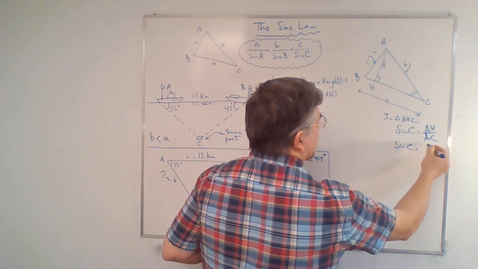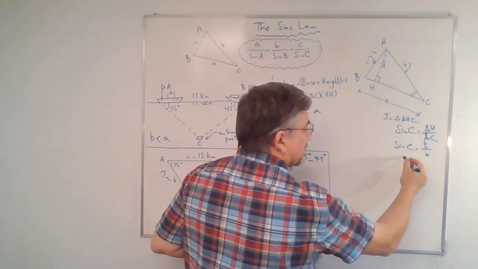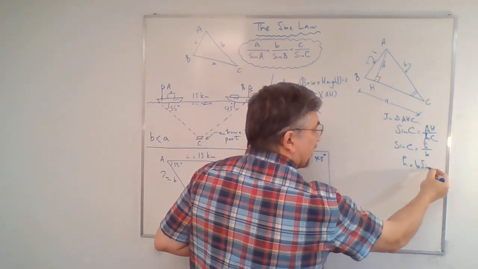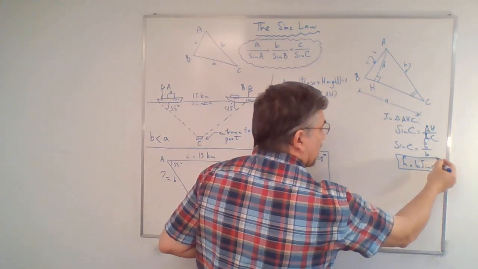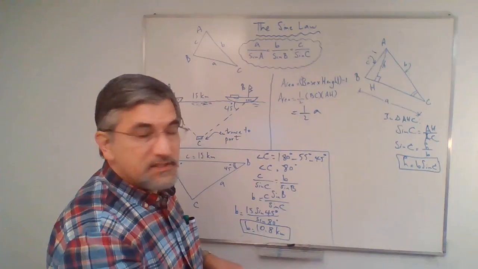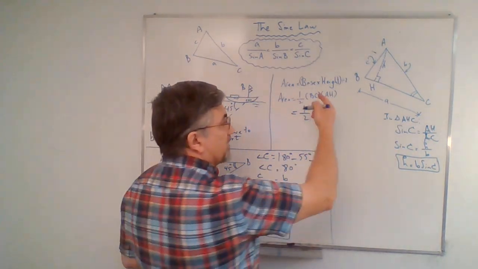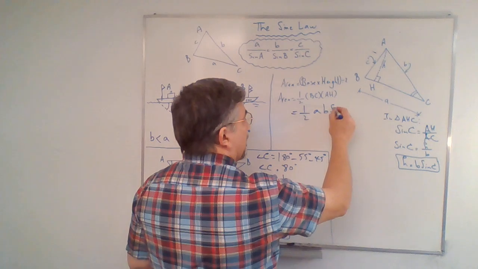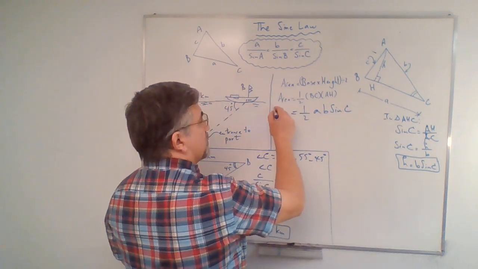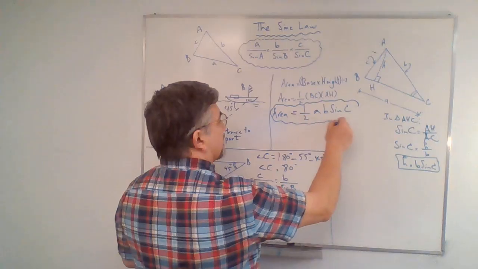So sine of angle C would be lowercase h over lowercase b, and if you cross multiply, we can easily find the height of this triangle, the altitude. That's b times sine of C. If you substitute that for AH in our formula, we end up with a new formula for the area of a triangle.